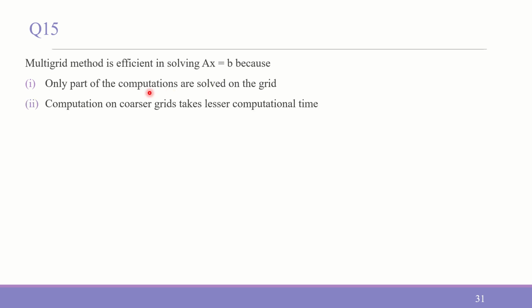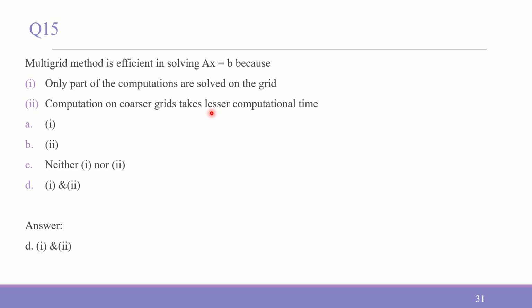Second one, computation on coarser grids takes less computational time. Option A, 1. Option B, 2. Option C, neither 1 nor 2. Option D, both 1 and 2. So the answer is option D, that is, 1 and 2.